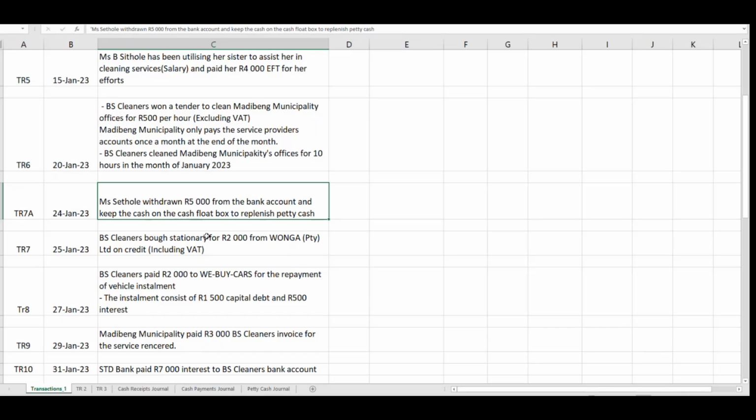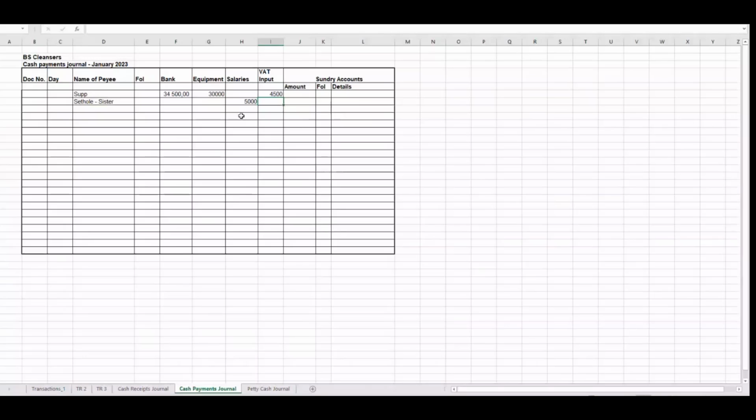I think it's the petty cash journal because she withdrew money and replenished the petty cash. Yeah, but remember, she's withdrawing it from the bank. It's almost like paying money out, isn't it? Yes, but you are right on the other side. So it will go to two areas. On our cash payment, we're going to pay that 5,000 rands and call it petty cash.